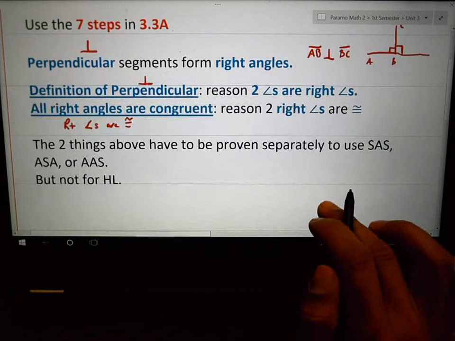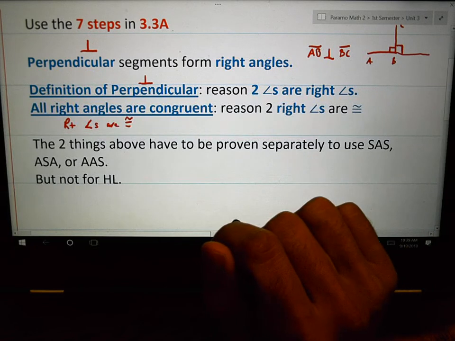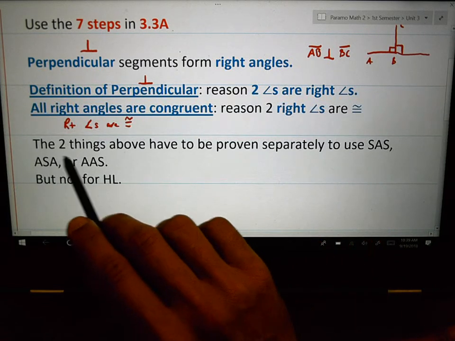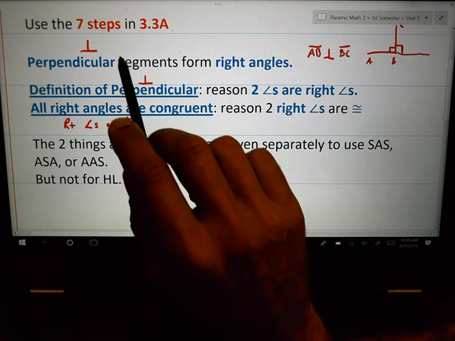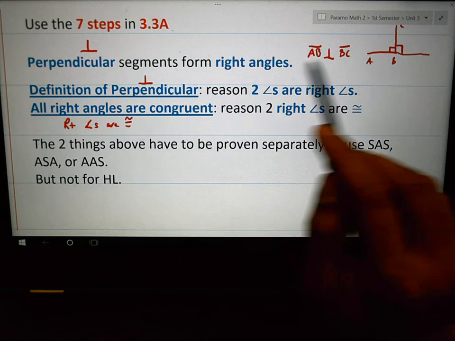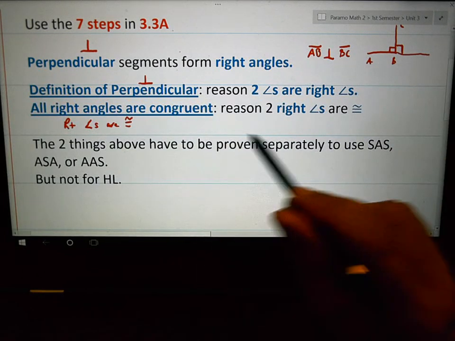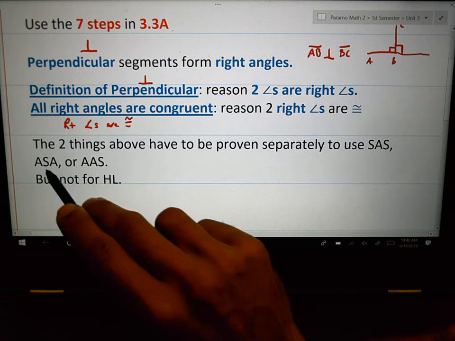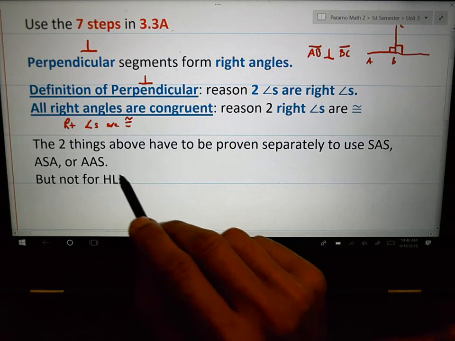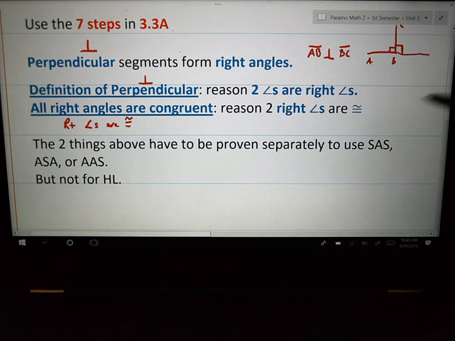The last thing that I need to state before we get into some examples is this. Just because you say that angles are right angles doesn't mean that you can jump into side, angle, side, or angle, side, angle yet. You can't just go, oh, these are right angles, and then jump to this, because you haven't proven that the two angles are congruent yet.